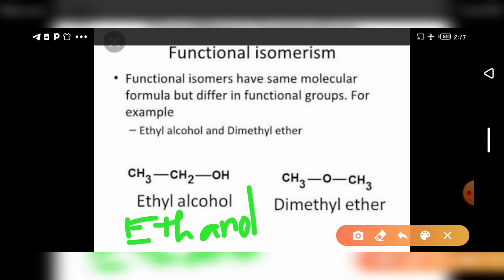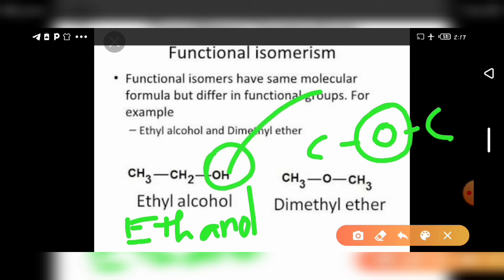This same compound we can write like this also, COC. This is the functional group, and it will differ from the other. See, this is OH and this is O. O is the ether group, OH is the alcoholic group. So same molecular formula but different structural formula.